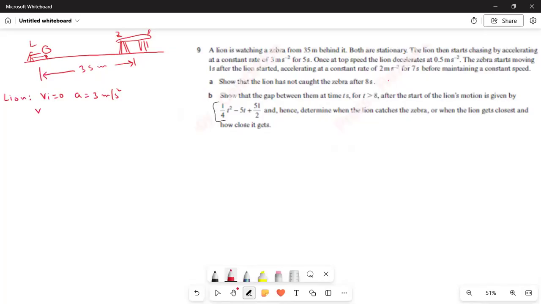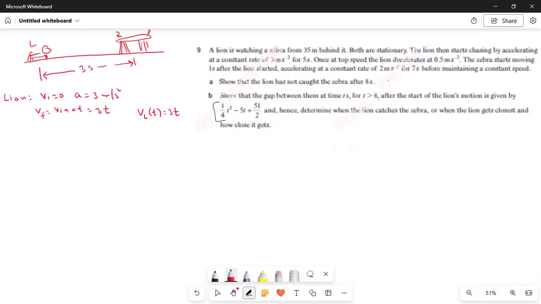We know that Vf equals Vi plus at. In this case, Vi is 0, a is 3 and t is t. So this is the speed of the lion as a function of time, right? Let me call it velocity of lion as a function of time, and it is equal to 3t. And this is valid only for the first 5 seconds.